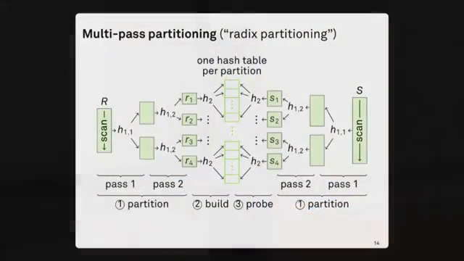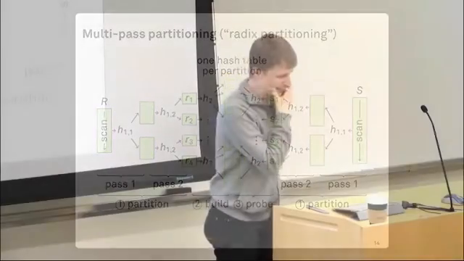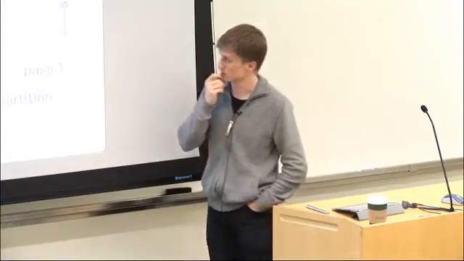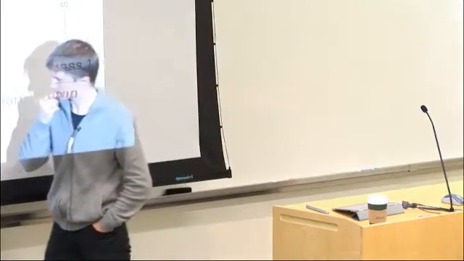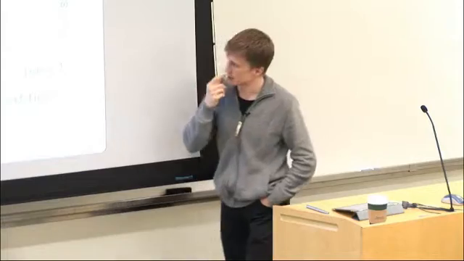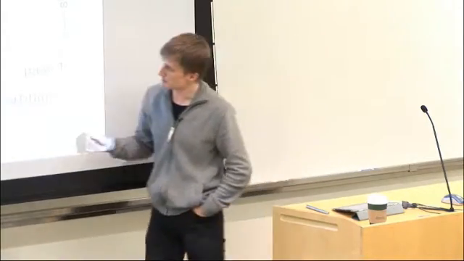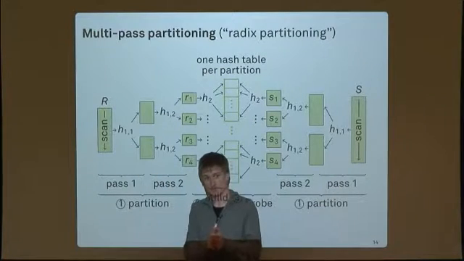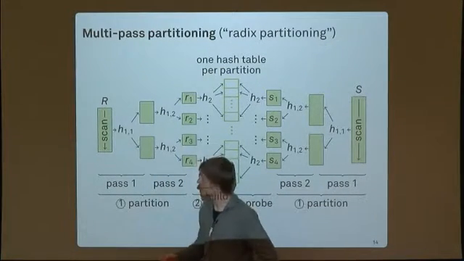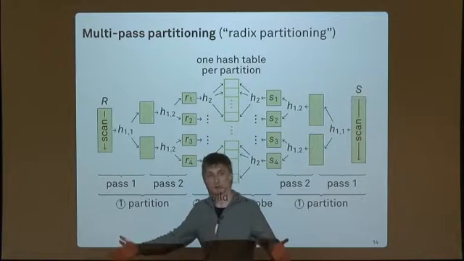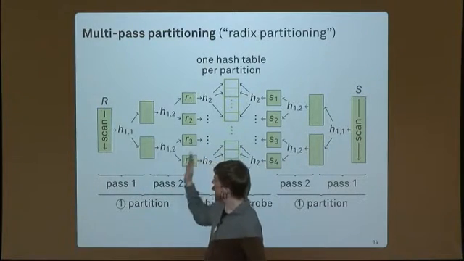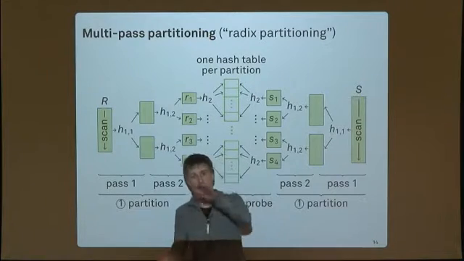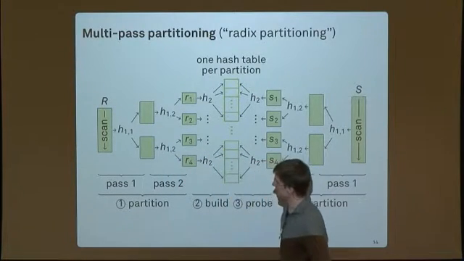Now, what can we do about this? The classic way of doing that is multipass partitioning, also called radix partitioning. It's basically an idea that's been used in disk-based systems too. You're limited by the number of partitions that you can write concurrently. So if you can write at most, say, 100 partitions concurrently, you can just do multiple passes and refine your partitions again and again.